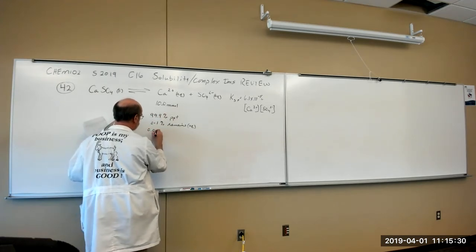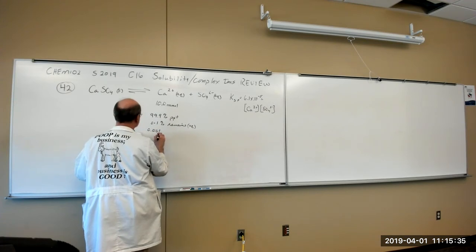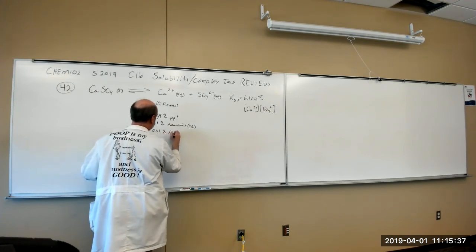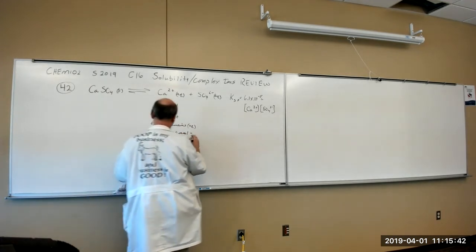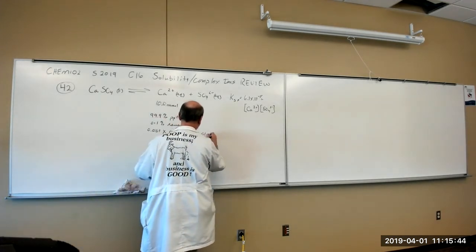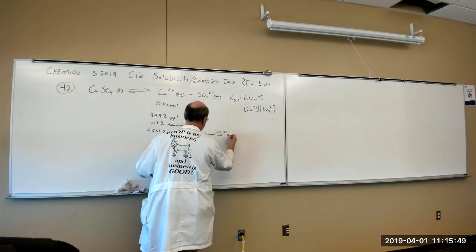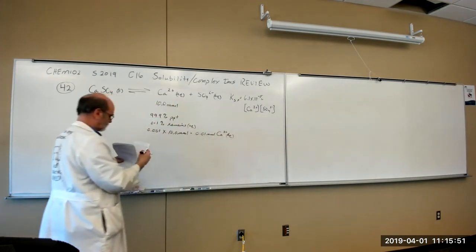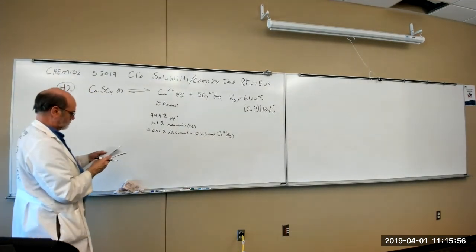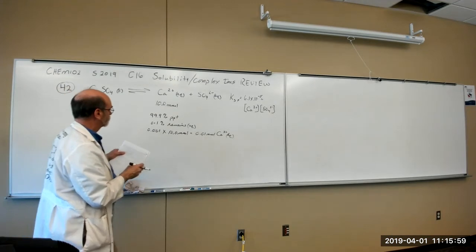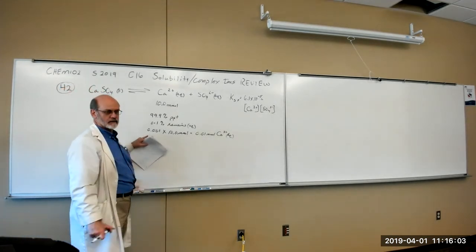So it's 0.001 times 10 millimoles equals 0.01 millimoles calcium is still in solution. Okay? Did I make too big a jump there?